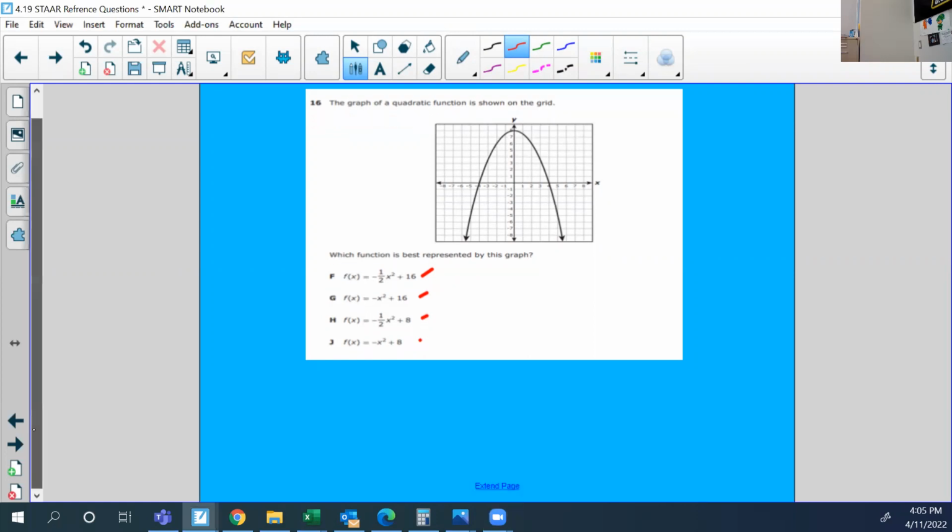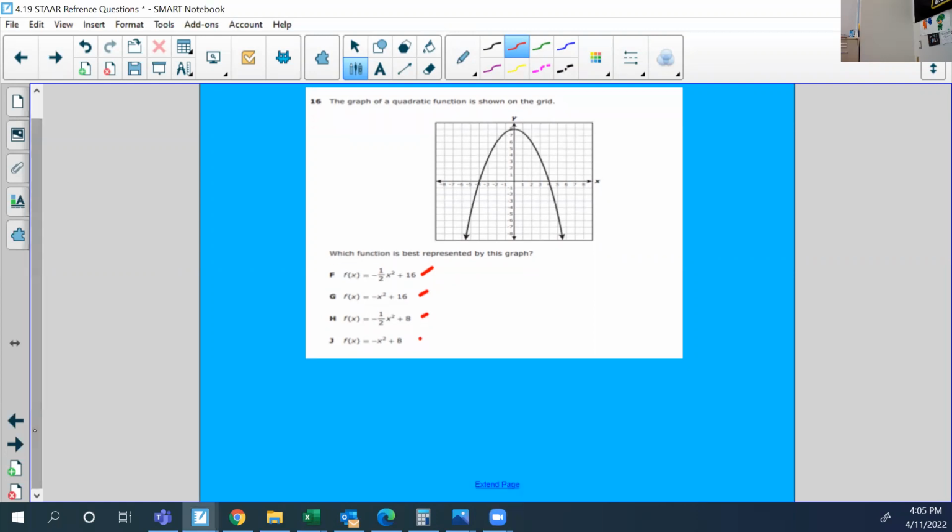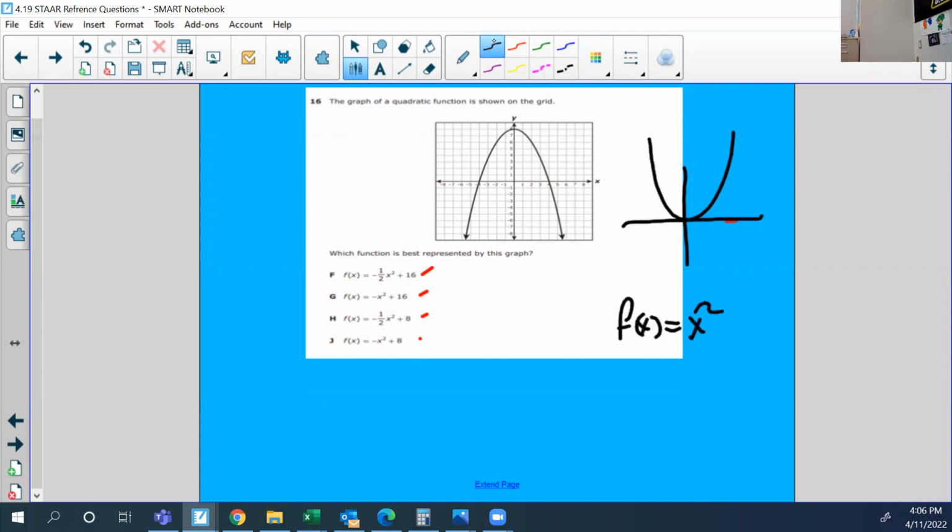Let's go back and review a little bit. Remember transformation? Our parent function is f of x equals x squared.